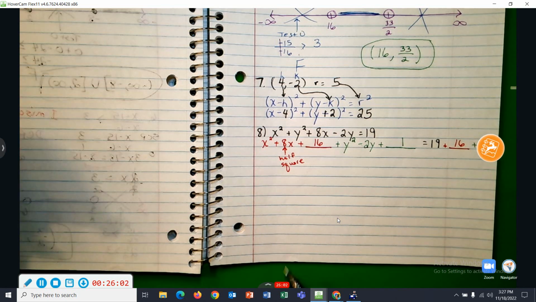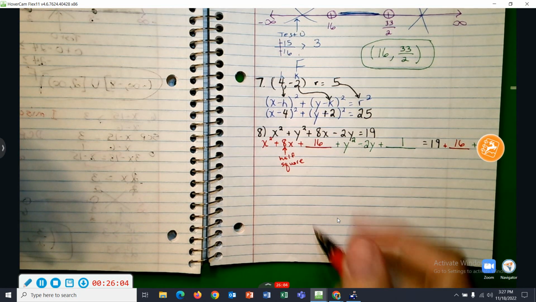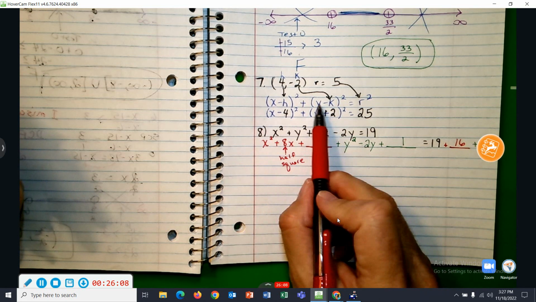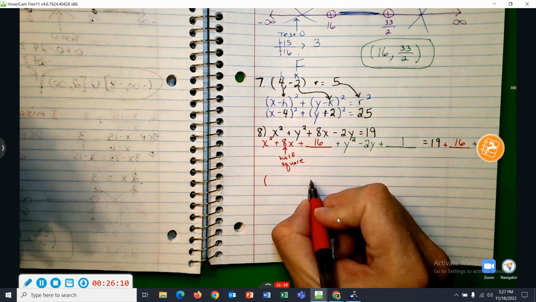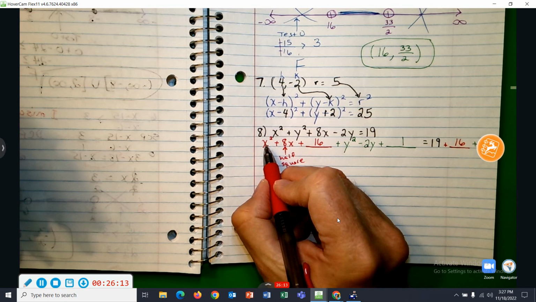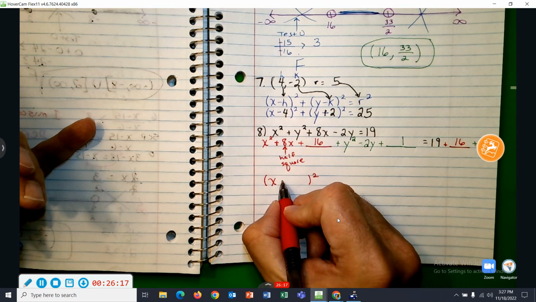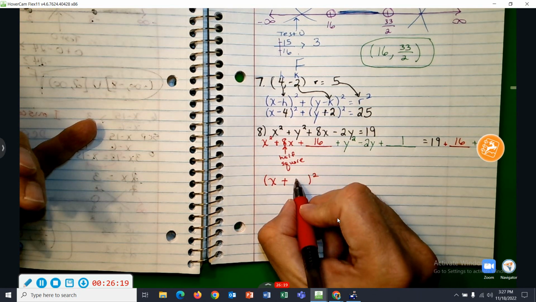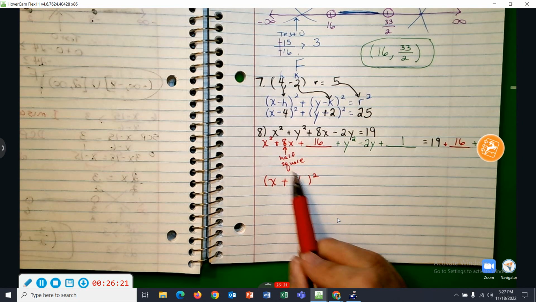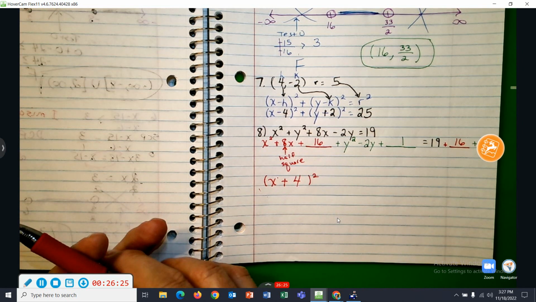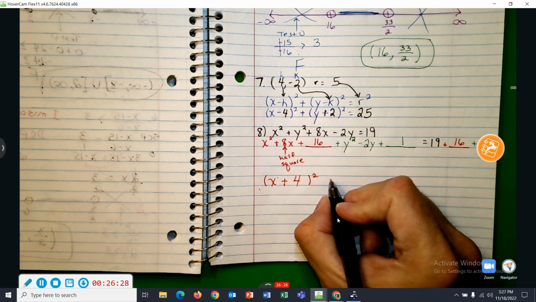Now here comes the crucial part when we're going to factor these as perfect square trinomials. This variable, that sign, half of that number. X plus 4 times x plus 4, if you FOIL it out, will give you x squared plus 8x plus 16.